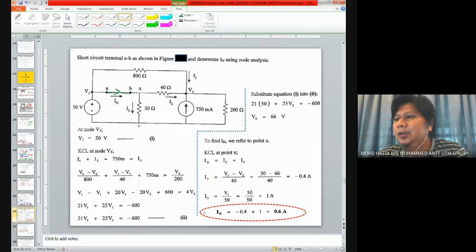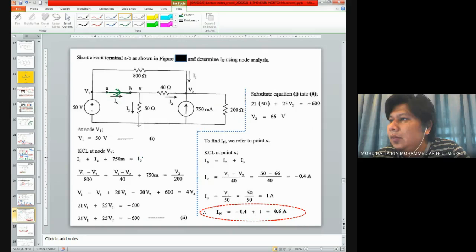Means that you need to make the direction to be as easy as possible for you to analyze your parameters. For example, in this case, IN is labeled to be in that direction according to the question earlier. So put the direction according to the question. So later on, if you try to analyze the current, it's easy for you.